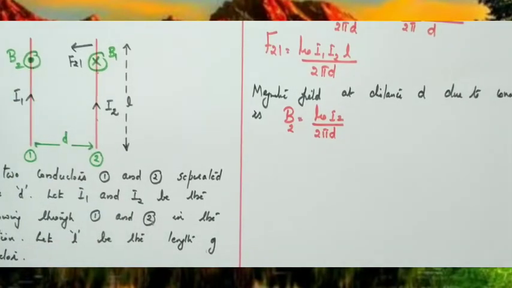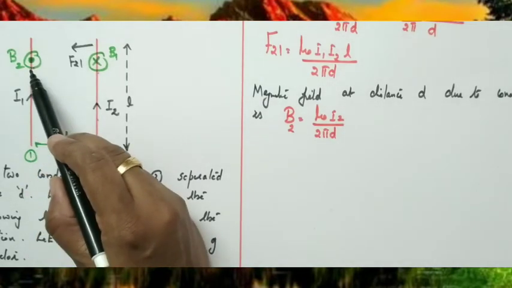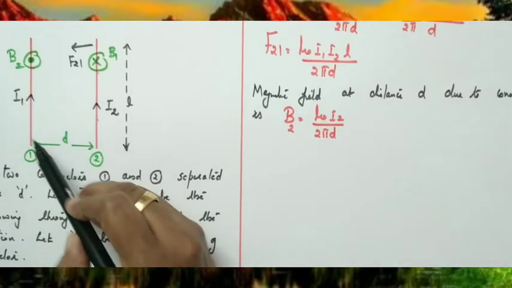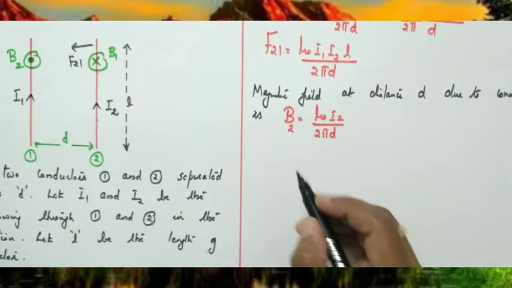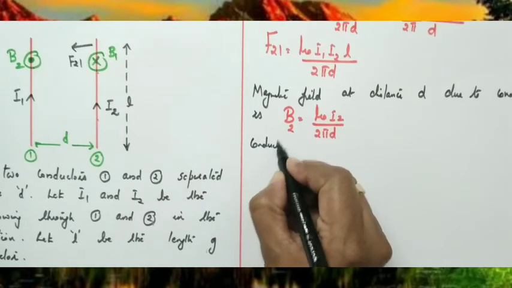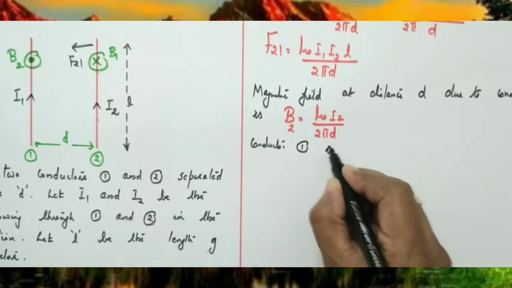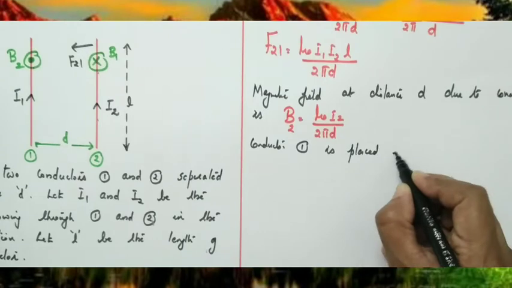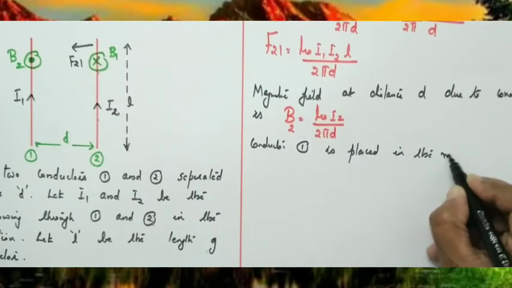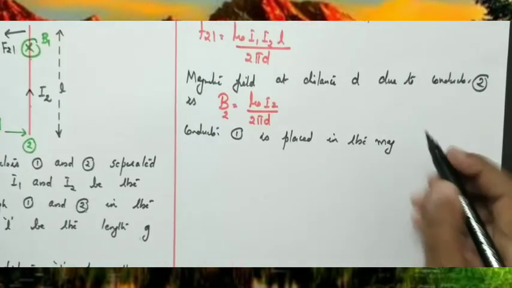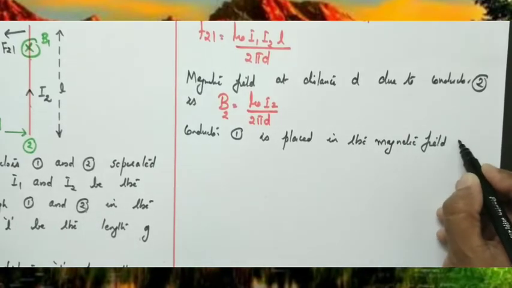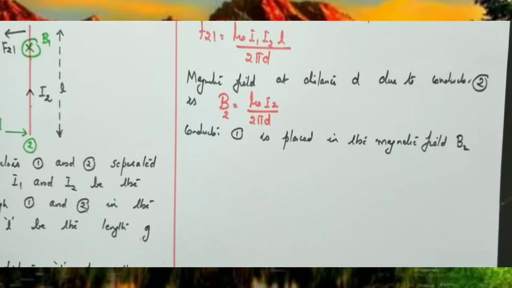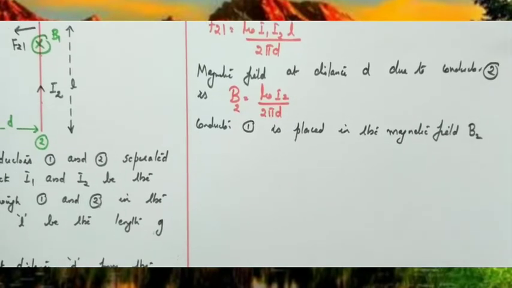Again we can say conductor 1 is placed in which magnetic field? B2. This conductor 1 carrying current I1 is placed in the magnetic field B2.